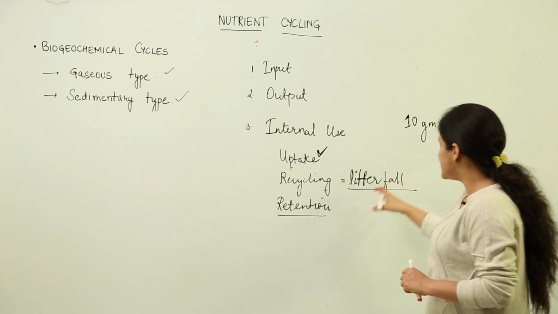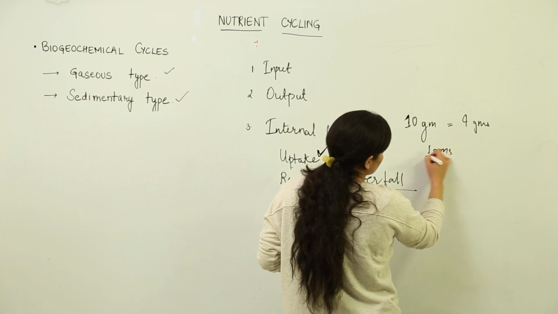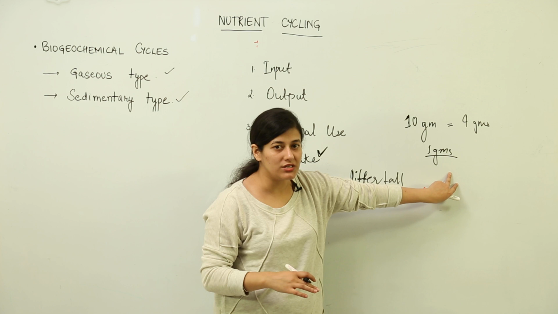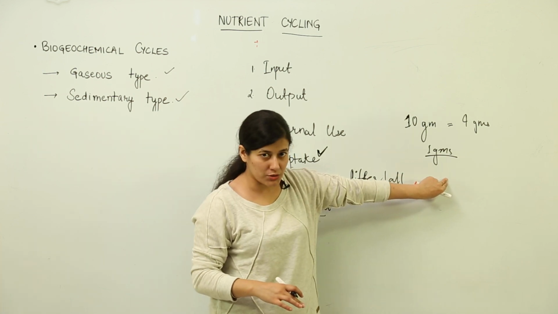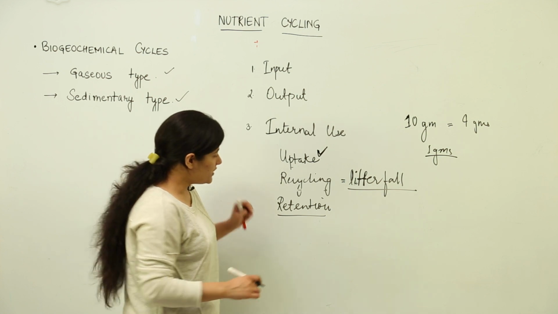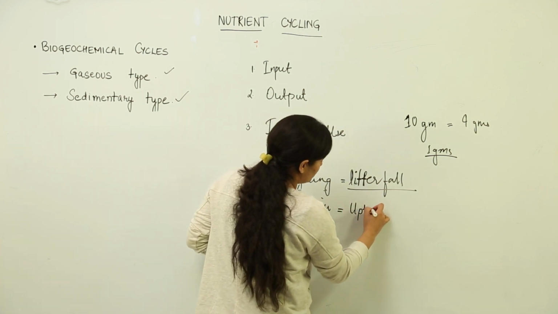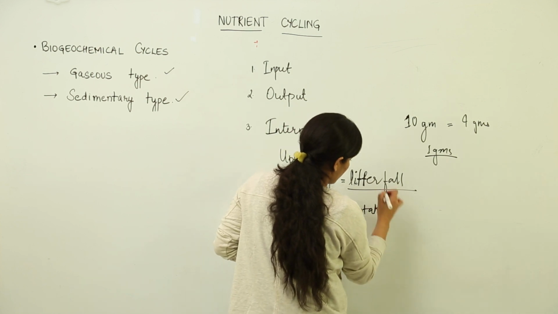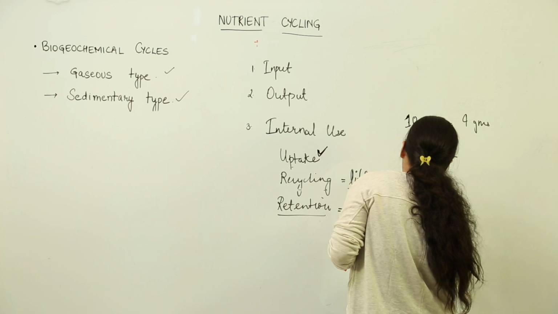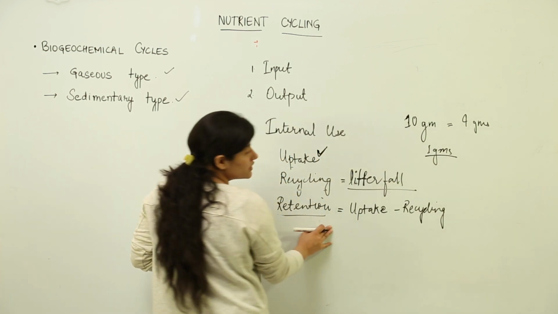Some of the plant is still containing 1 gram of nitrogen which was not part of recycling. This is the retention, the extra nutrient which is present inside the standing crop. So please understand, retention is the uptake of nutrients from which we subtract the recycling part of the nutrient. That would be known as retention.